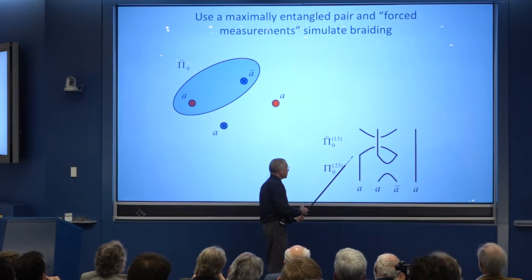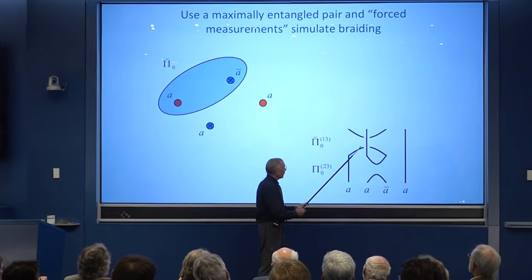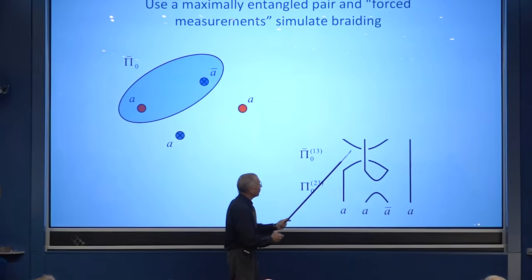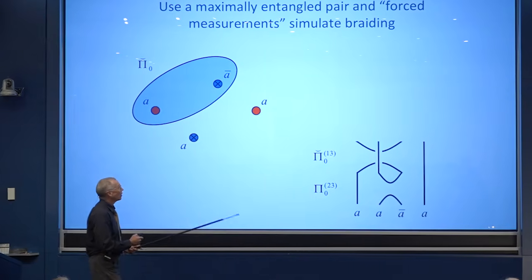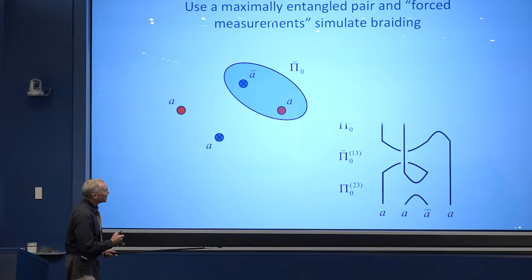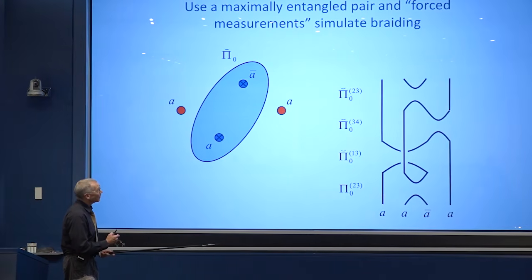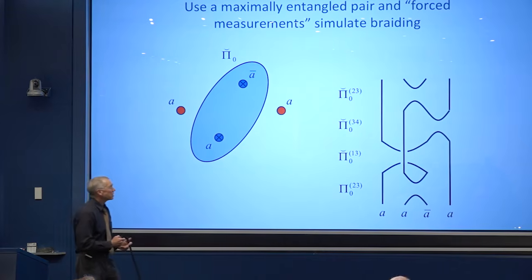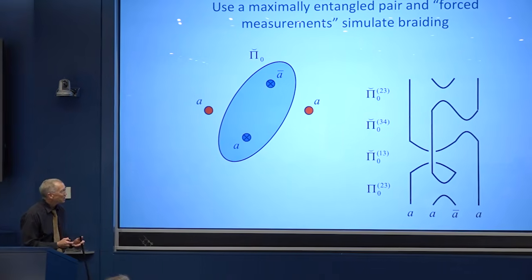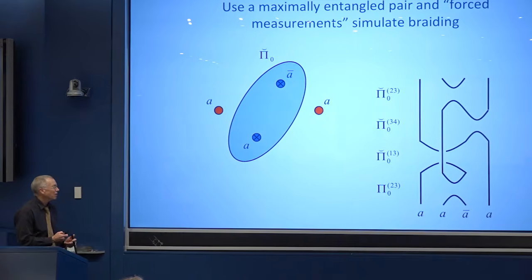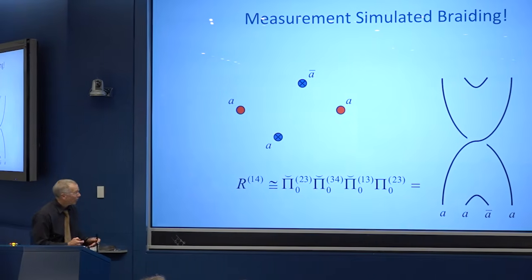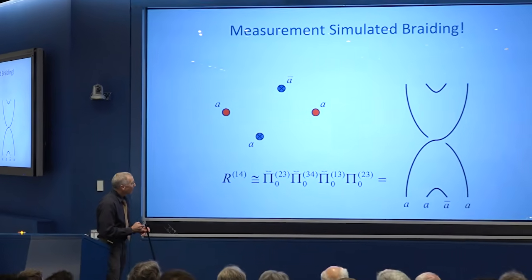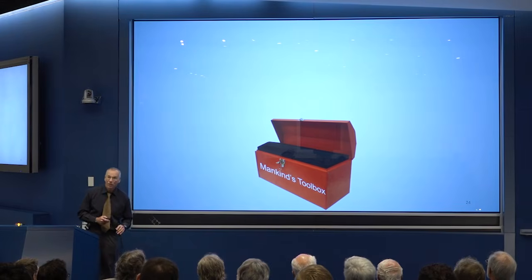That corresponds to a world line where you go through the vacuum between the first and the third particle. So a sequence of measurements turns into ultimately a braiding. So it's possible to simulate the braid rules in the 1D system, which seems technologically better than trying to build the 2D system. So that's really the end of the talk.